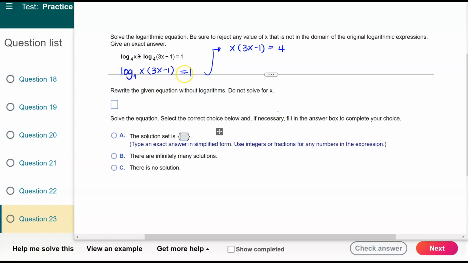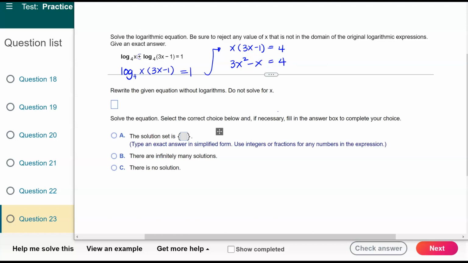So the base is 4, right? And then now you're going to simplify this expression. Okay, so you expand that, so you will have 3x squared minus x is equal to 4.